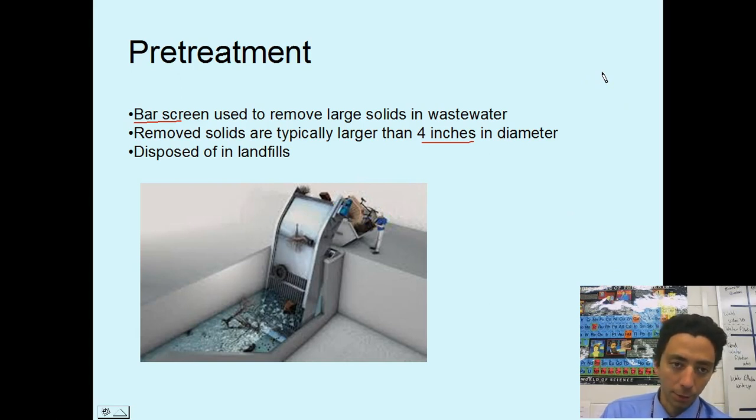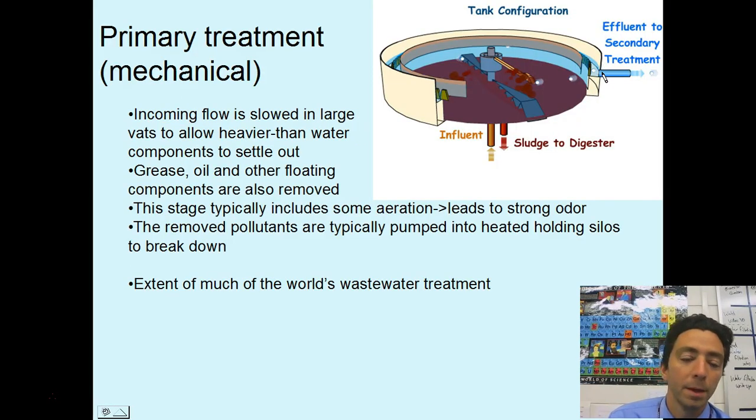The water after going through pre-treatment is just going to be devoid of these really large, unusual objects, but it's not really been treated yet. Primary treatment, the very first thing we do, is strictly mechanical, and this is essentially letting it settle out. We bring the inflow into this very large tank.